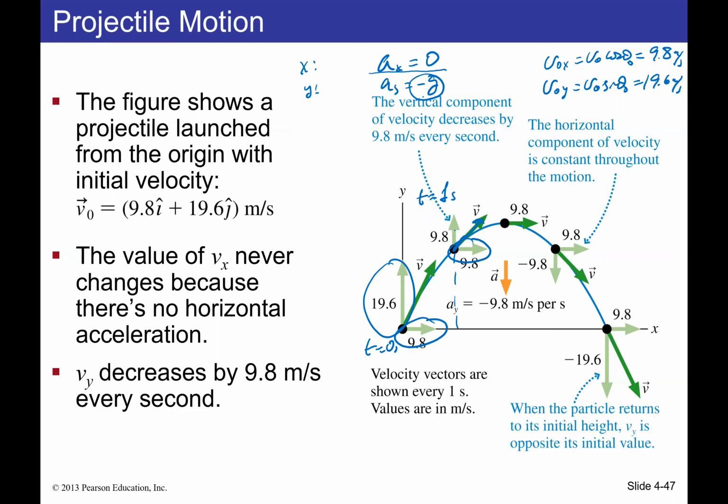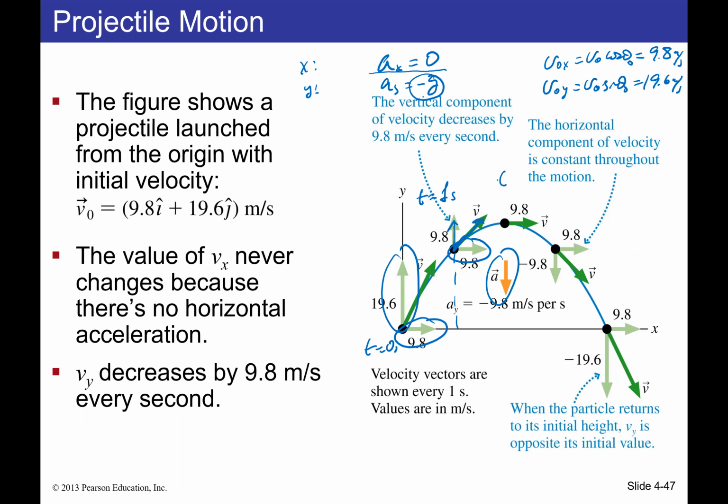So if I measure the velocity in the y direction, it will be decreased by that much. Why decrease? Because velocity was up, acceleration was down. Opposite direction means that velocity will decrease. So that's why velocity in the y direction is 9.8. Different, it slowed down, but velocity in the x direction is the same as before because it didn't change.